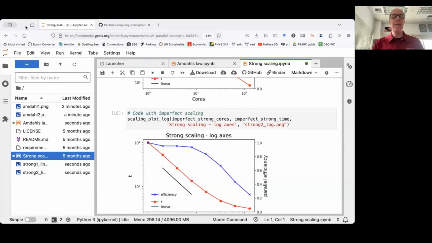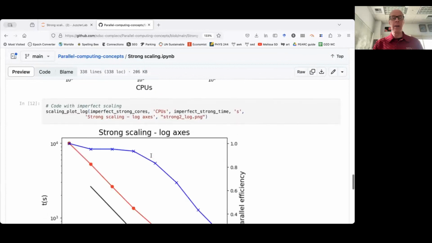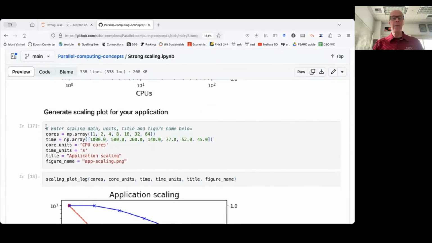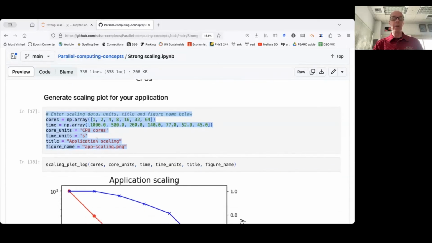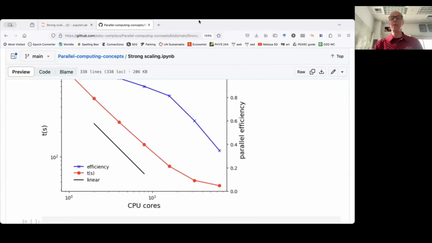Now I realize that I didn't update the binder image. I will do that later. But if we actually go to the parallel computing concepts repo, I have an example down at the bottom where you can enter your own information, your cores or GPUs, the runtime, the units, whether using CPUs or GPUs, time units, and so on, and generate scaling plots that are pretty much ready to go.